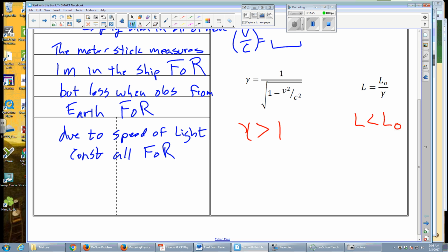So in our case, it's longer in the ship's frame of reference, so L naught must be the ship, and L must be the Earth. Now it's just substituting in.